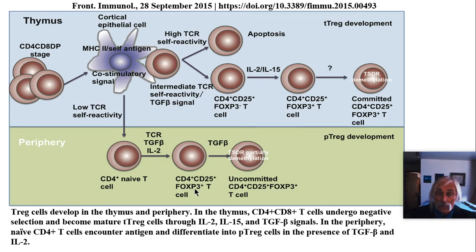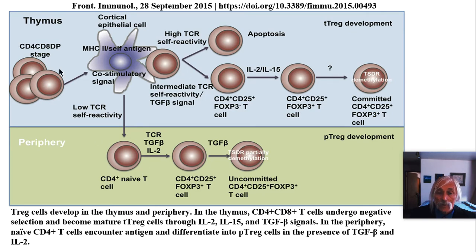But you're also expressing that FOXP3 because you're expressing these receptors, and you're altering now the transcriptional repertoire, right? Now you have a FOXP3 positive T cell, and in the presence of TGF beta, you have an uncommitted CD4, CD25 FOXP3 T cell, okay? So Treg cells develop in the thymus and in the periphery. So I'm going to tell you about the thymus in a minute.